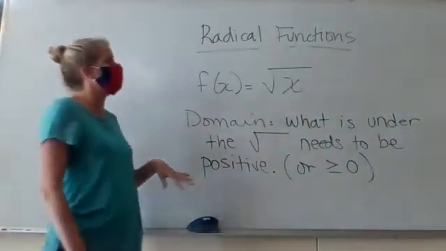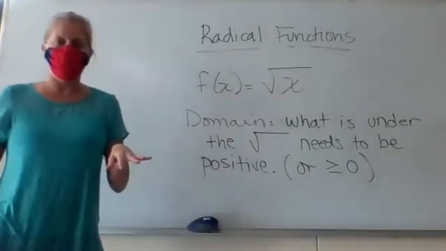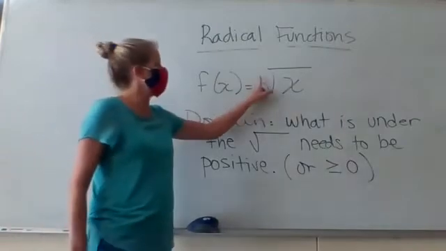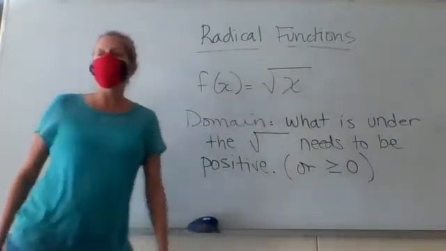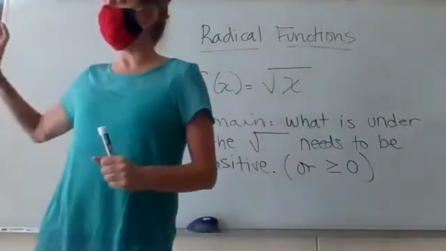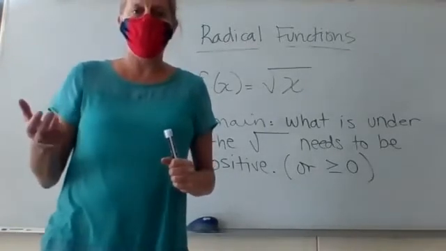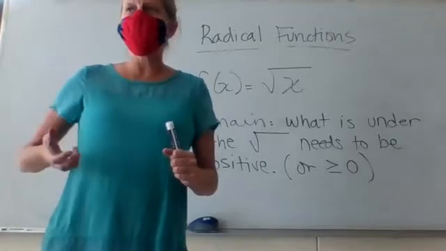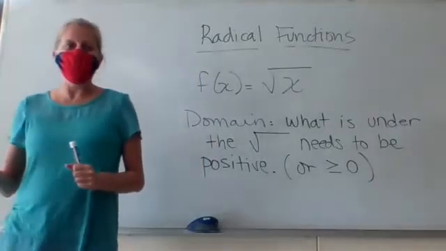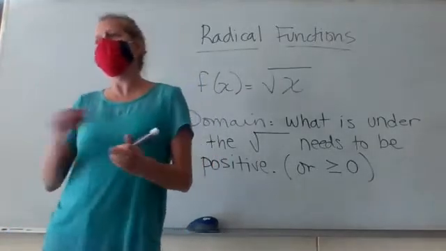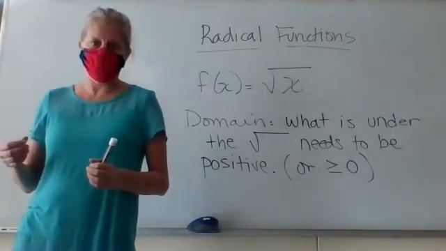Well, now we have another restriction that we need to investigate, because remember when you're dealing with a square root, you don't want what's underneath a square root to be negative, right? Because that brings up the i's, the imaginary numbers, numbers that aren't on a number line.